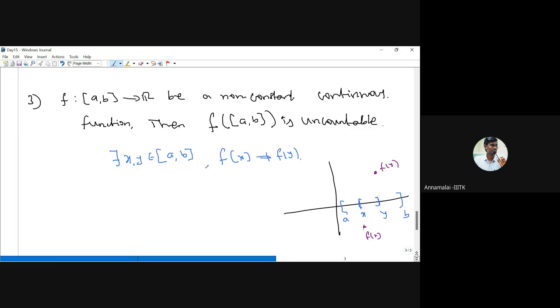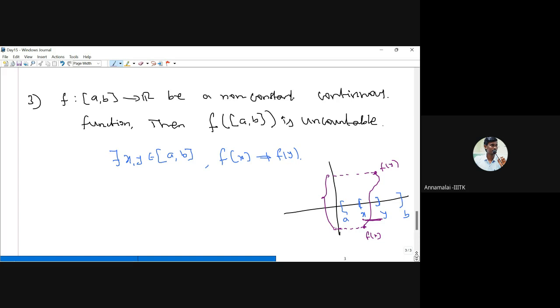Since f is continuous, you can draw a line via some graph. Now look at this. What is the image of this interval? Actually, it takes this portion and then this. So this is the image of this particular interval x, y. This x, y is a subset of a, b, right?